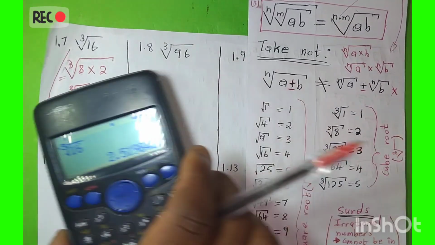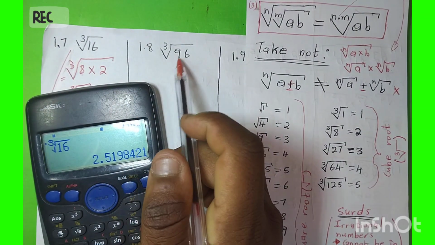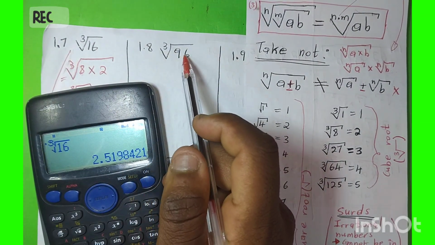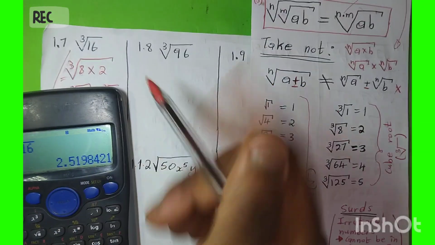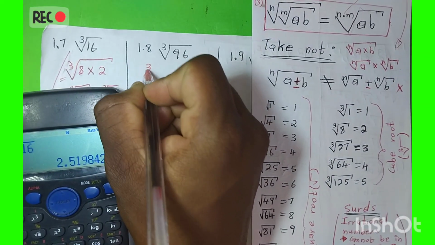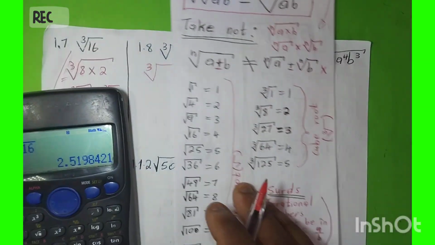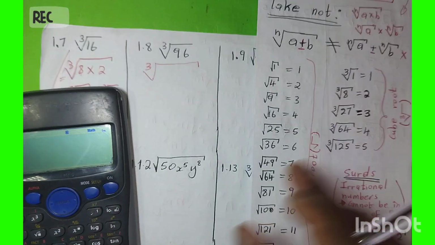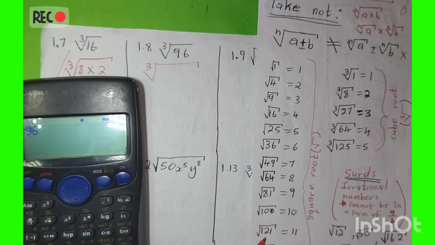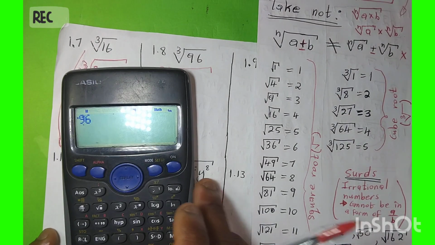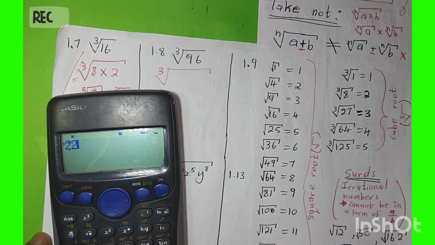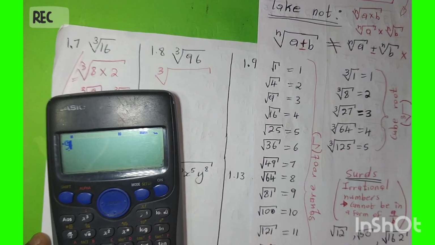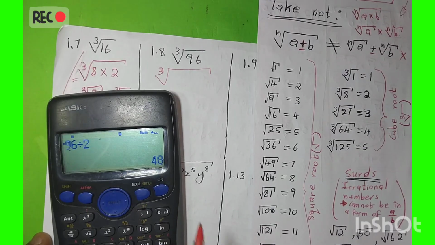Then let's try to introduce a perfect cube in this number. To do that, you should test one of these numbers. This is how I'll do it: 96 divided by 2 is 48.